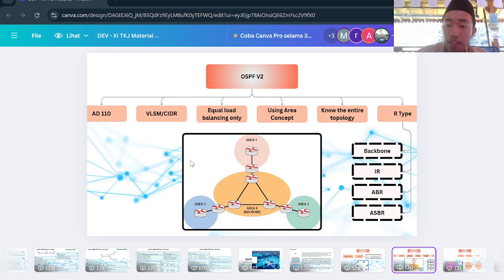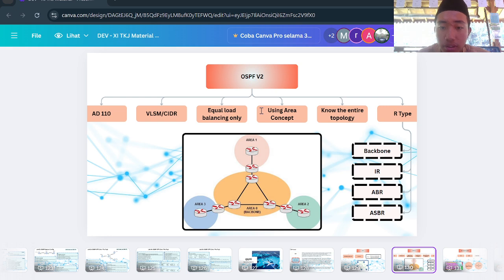And there are router types: backbone router, internal router, area border router, and the last is the autonomous system boundary router, or we call it ASBR.